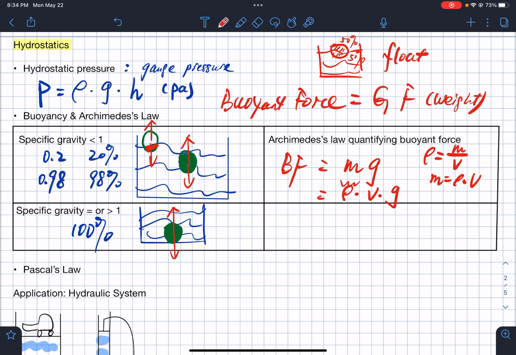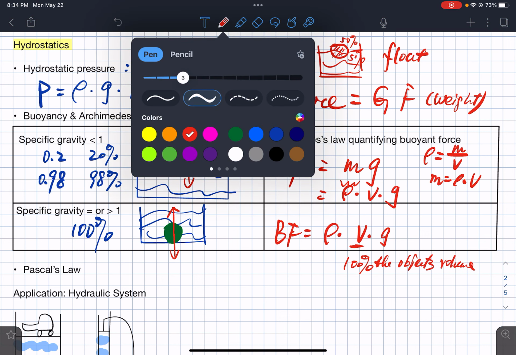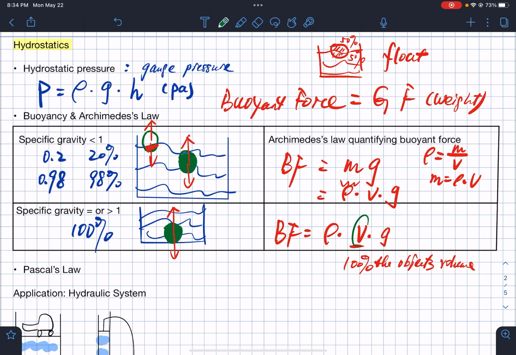For the case of full submersion, it's the density of the liquid times V times g. Here, this V is 100% of the object's volume. Note that this V and this V are not describing the volume of the object; they're the volume of the displaced water.